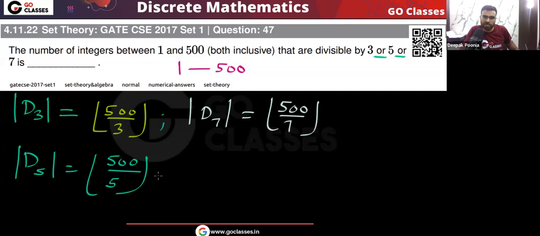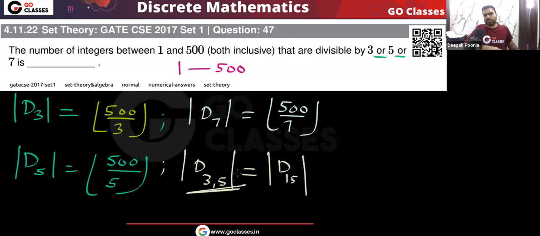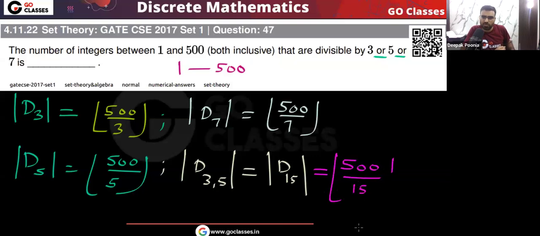How many will be divisible by 3 and 5 both? So we have to find the LCM. What is the LCM of 3 comma 5? That is 15, because 3 and 5 are both prime numbers, and the LCM of prime numbers is just their multiplication. So divisible by 15, that will be 500 divided by 15, floor.